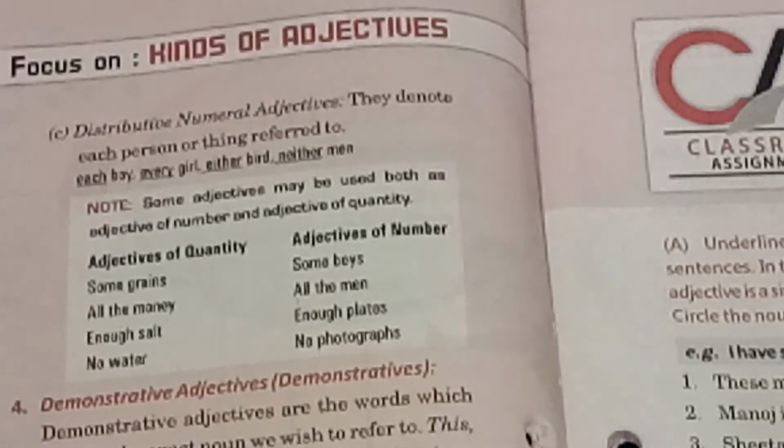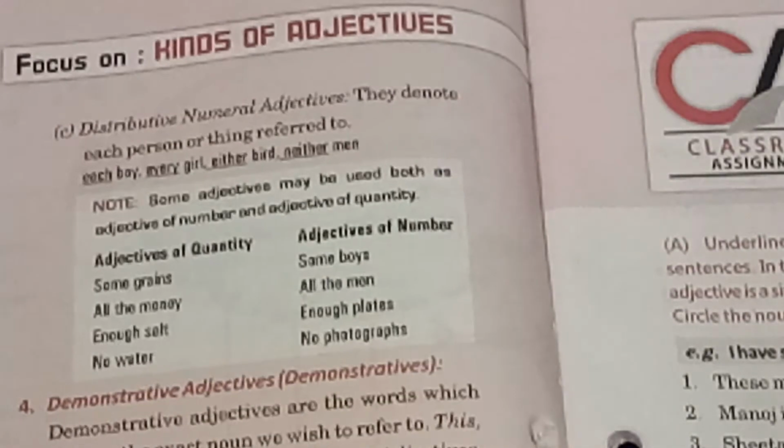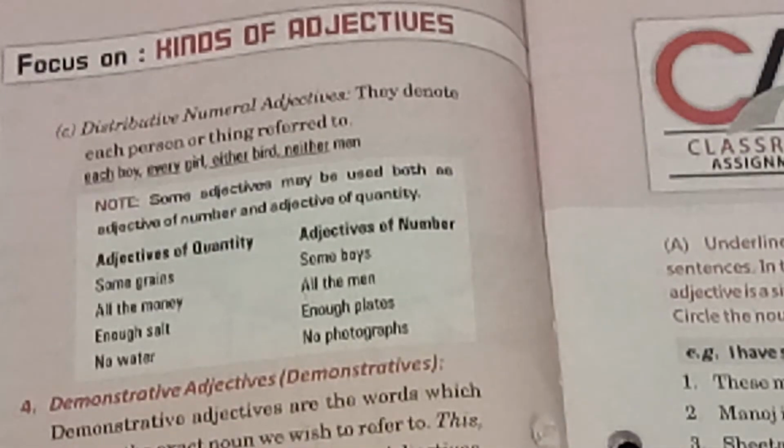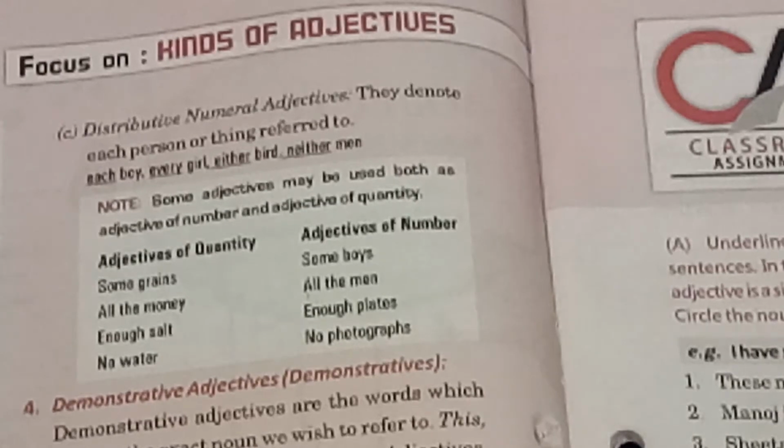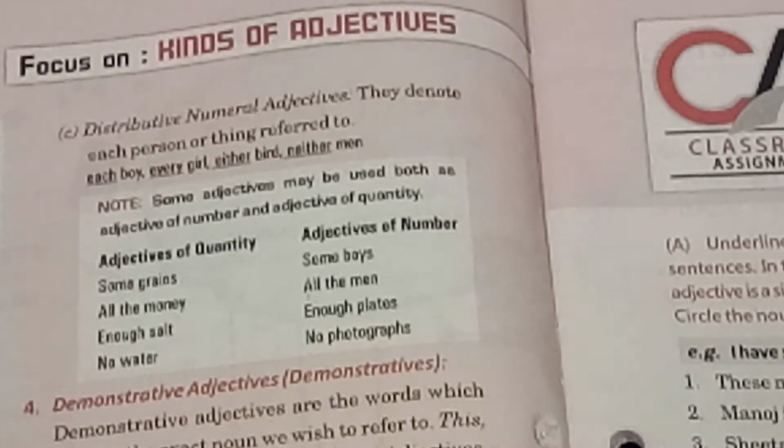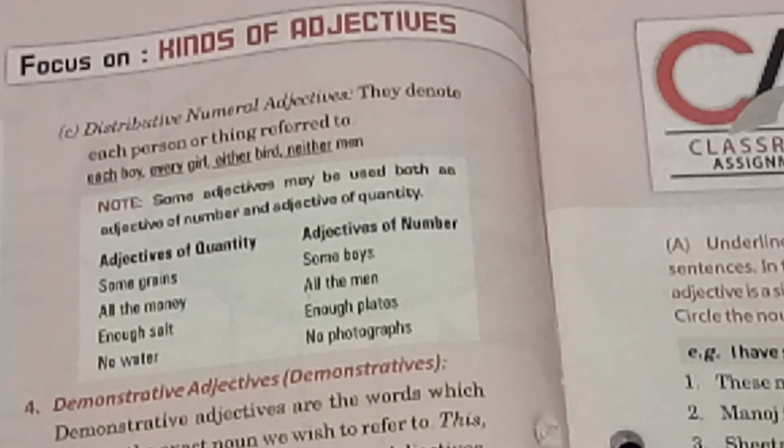And some adjectives are there which can be used both as the adjective of number as well as the adjective of quantity, but the nouns will tell you whether they are adjectives of quantity or adjectives of number.